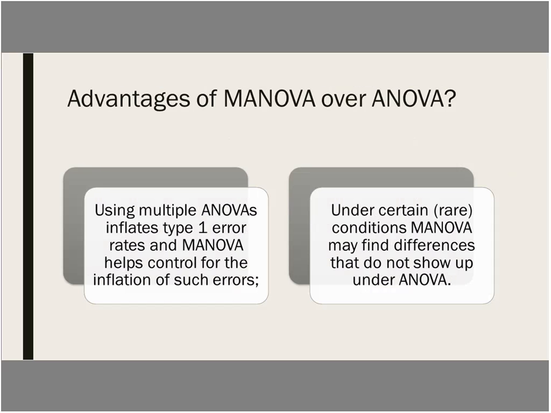Remember, in a MANOVA you're creating linear combinations of your dependent variables and trying to identify where these differences are. But under ANOVA, you only have one dependent variable and perhaps one or two independent variables, and you can't decipher that. So that may be a big difference as well.